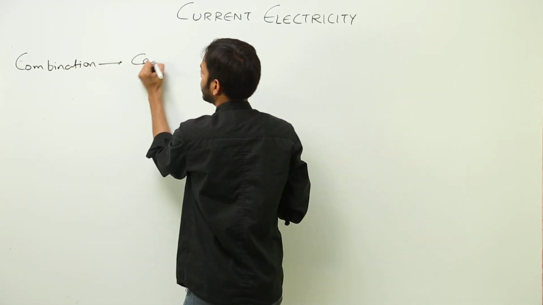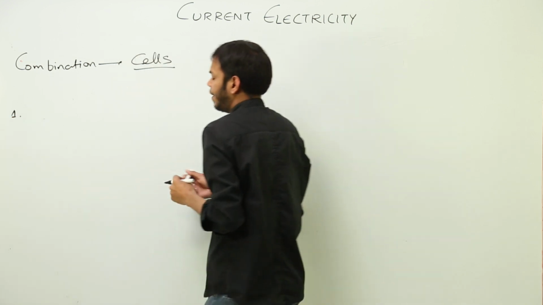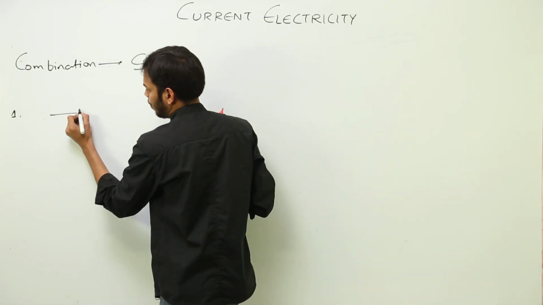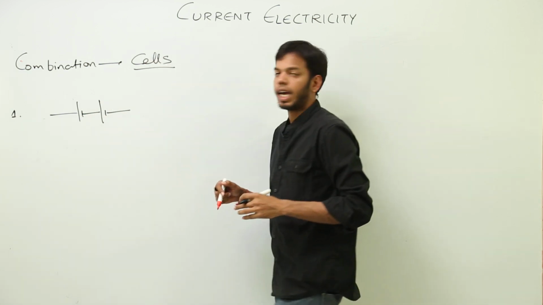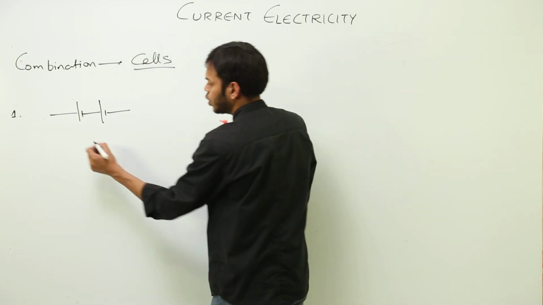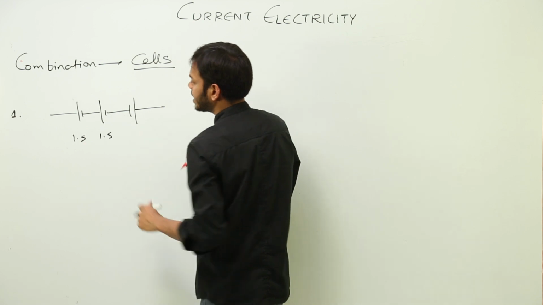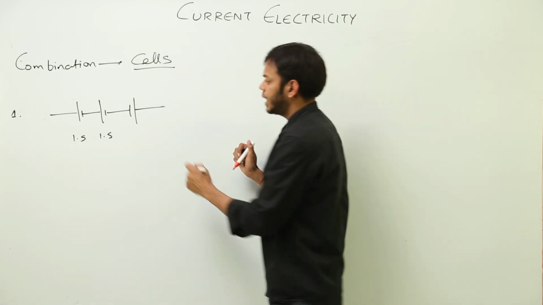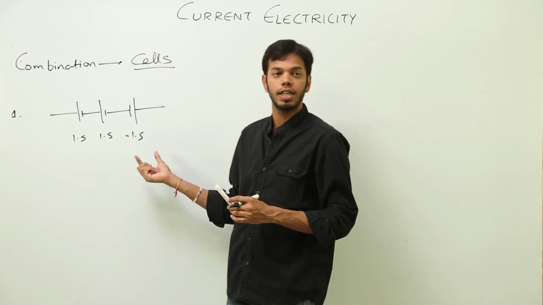Combination of cells. First of all, if I connect a 1.5 volt cell with another 1.5 volt cell, they become a total of 3 volts. And suppose this is 1.5, this is 1.5, and I am connecting another cell in opposite order, it will be minus 1.5, because this is potential difference in reverse order.